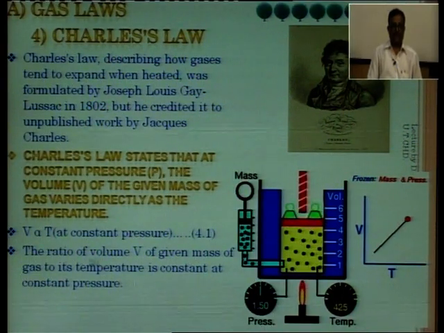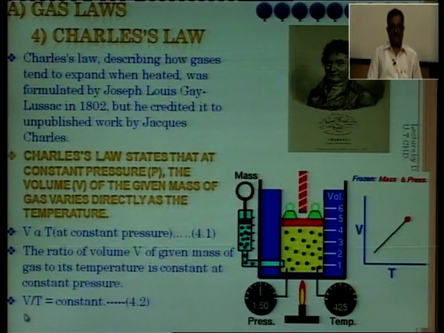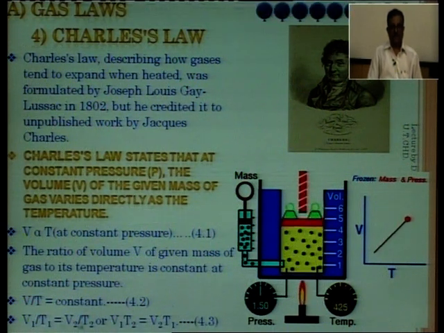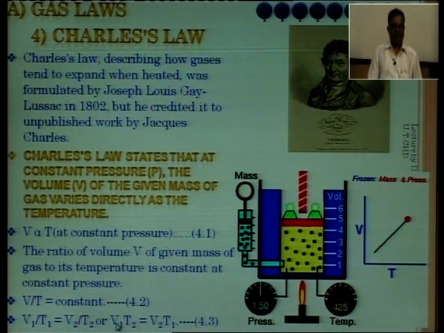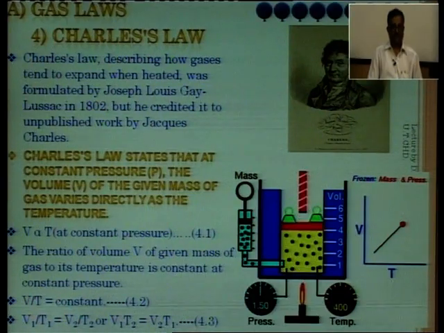So, the ratio of volume of a given mass of a gas to its temperature is constant at constant pressure, which can be mathematically expressed as V by T is constant. So, if you have two conditions, V1 is the volume at T1 temperature, and V2 is the volume of the gas at T2 temperature, then they must be equal to a constant, and we can equate this, or else V1 T2 must be equal to V2 T1.